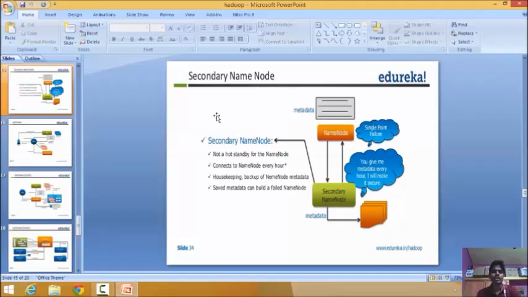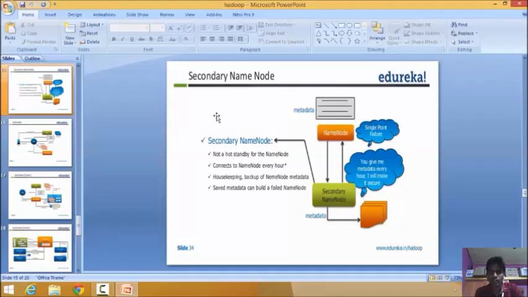There is a misnomer: many people think that in Hadoop, if the name node fails, then the secondary name node acts as the main name node. No, this is absolutely wrong.